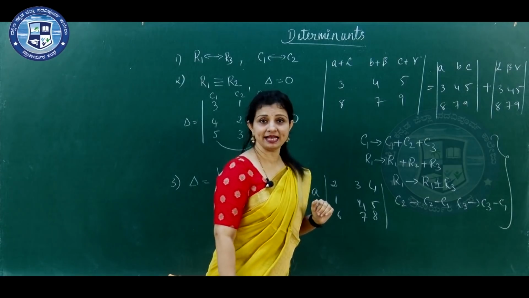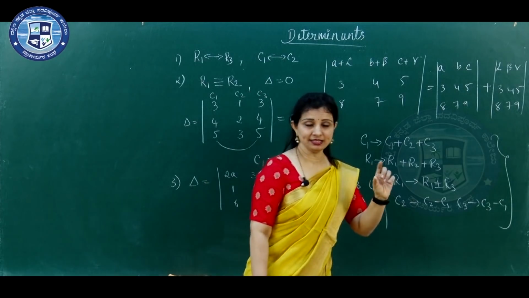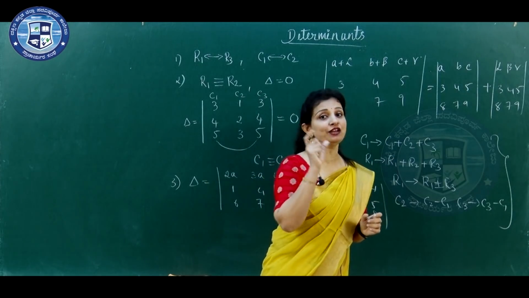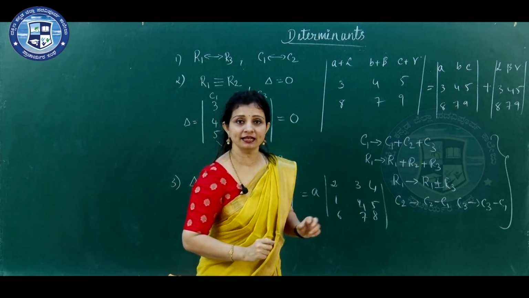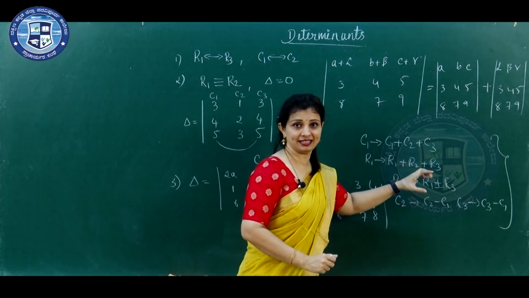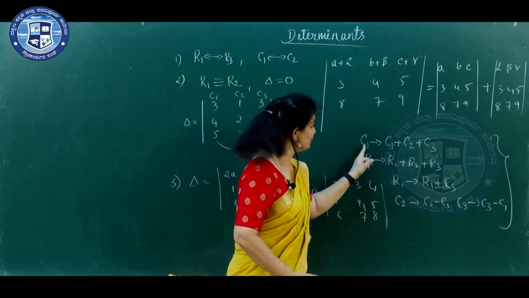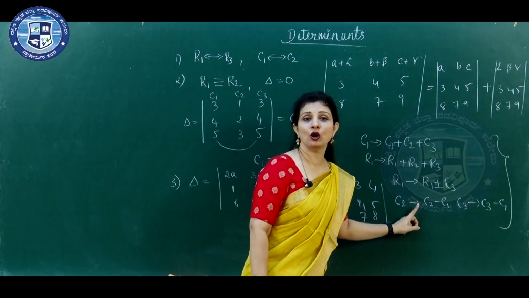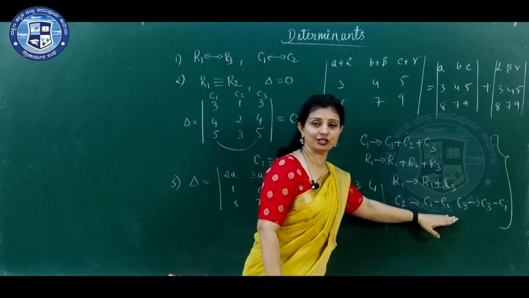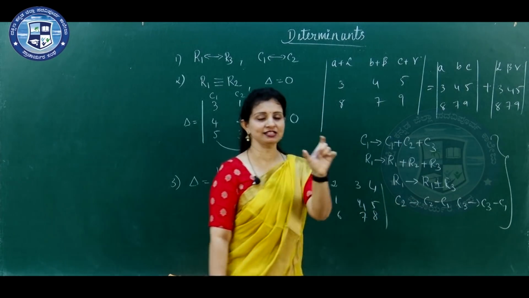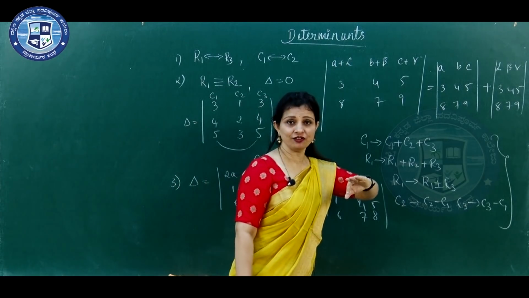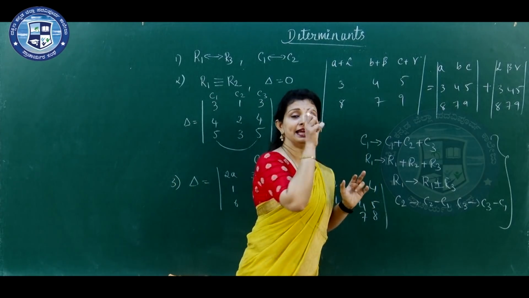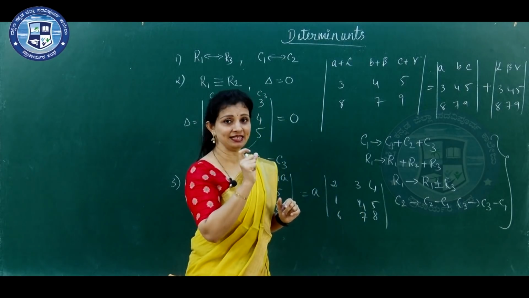in the determinant. Observe the RHS part, right hand side, if you have the factors A minus B or B minus C, etc., try to get the factors in the determinant using any one of these operations or these types of operations. So, first get the factors of RHS, that is the first step, and while taking the factors of RHS, you can see that in any row or any column that factor is common.